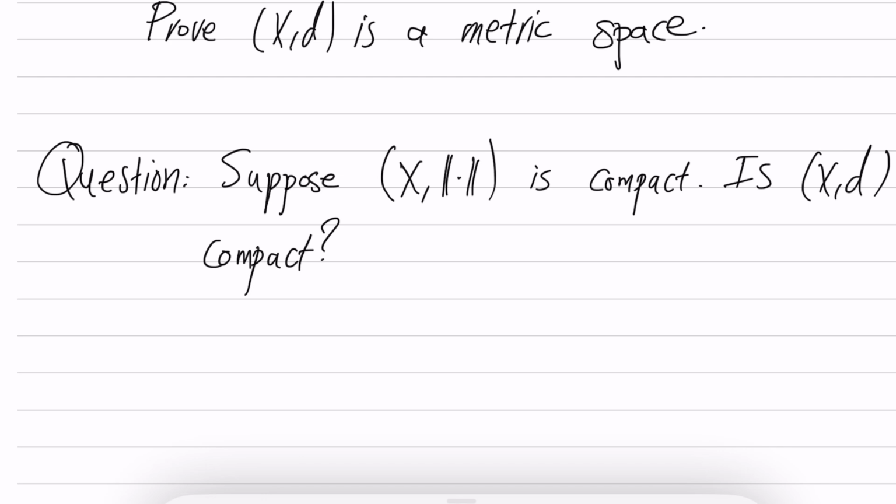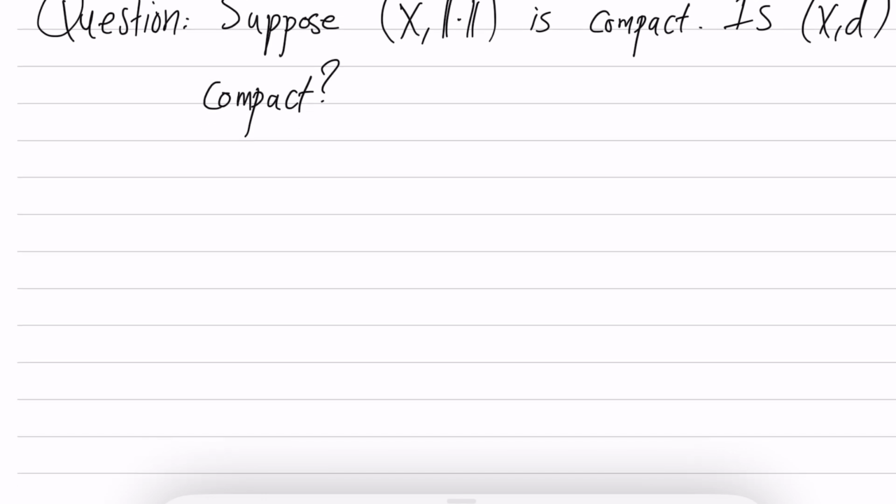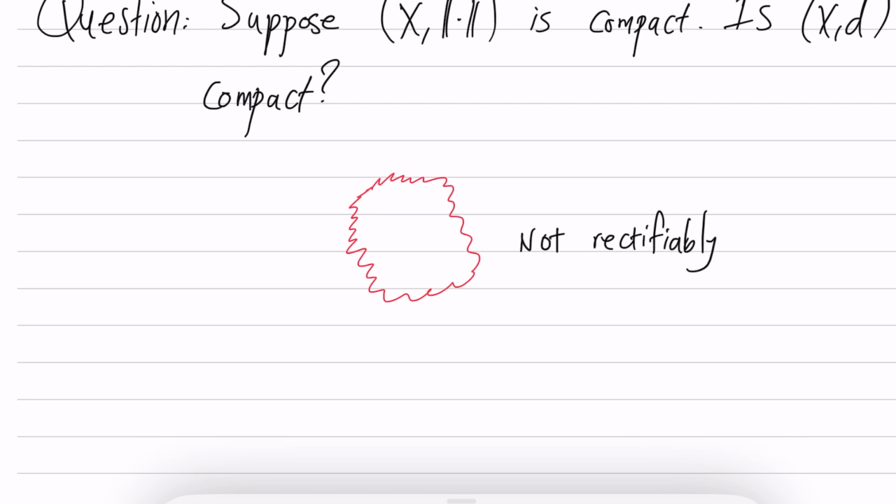Let me explain a few details here. One of them was, if you take the Koch snowflake, then this is an example of a connected set that is not rectifiably connected. So we're not looking at such examples. And it explains the difference between being connected and rectifiably connected.